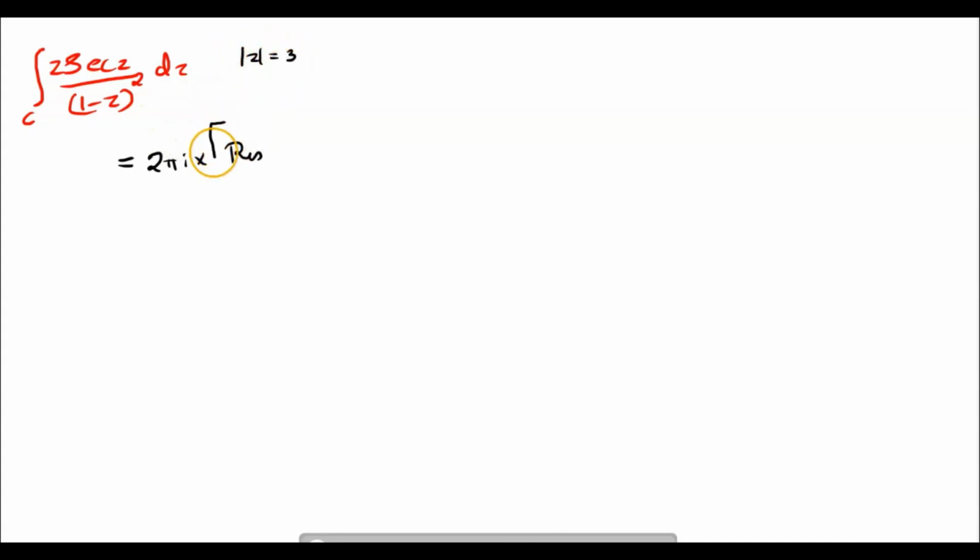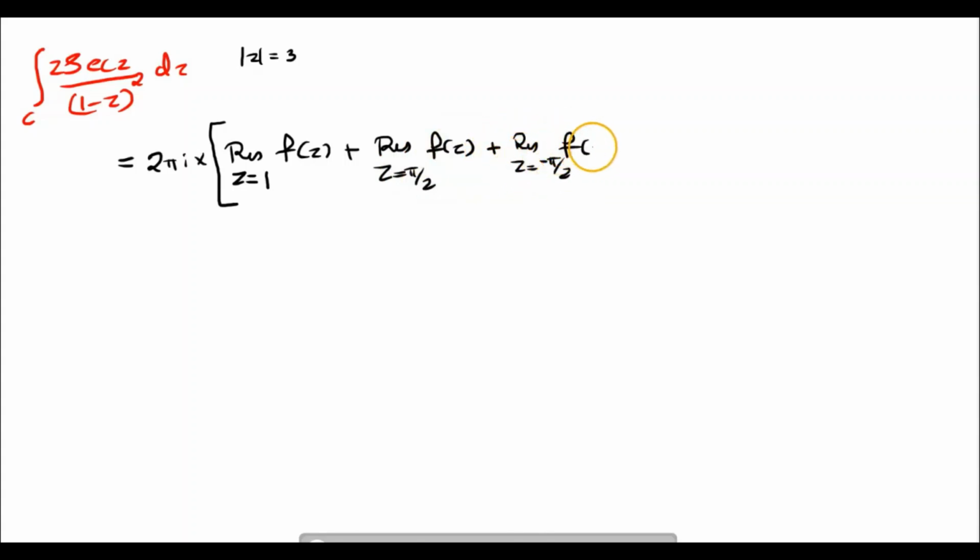We know that there are 3 singularities inside the region: residue at z equal to 1 of f of z, next residue at z equal to pi by 2 of f of z, and next residue at z equal to minus pi by 2 of f of z.